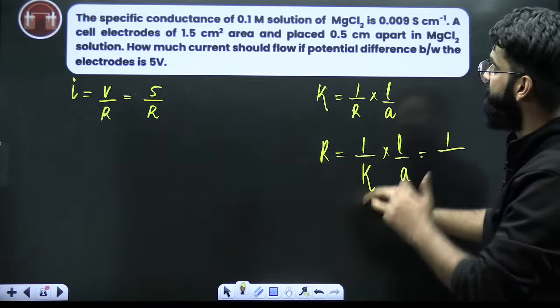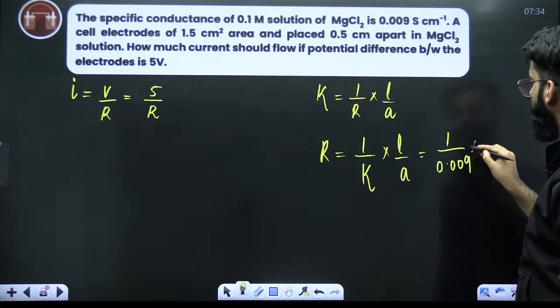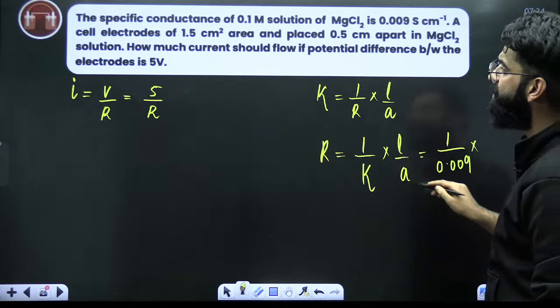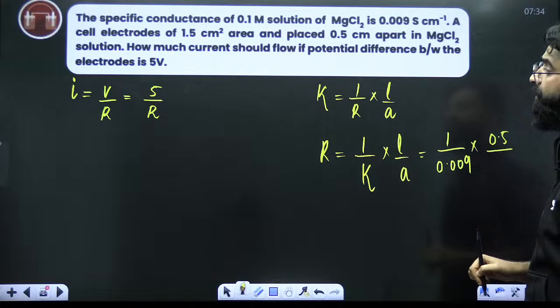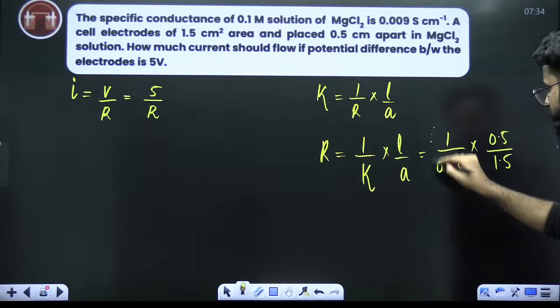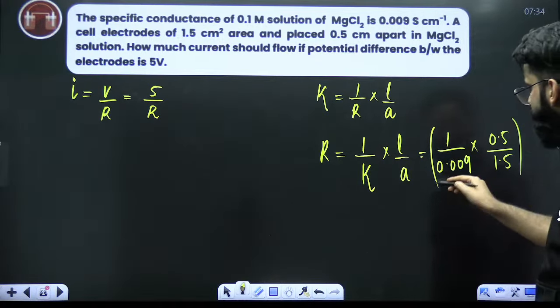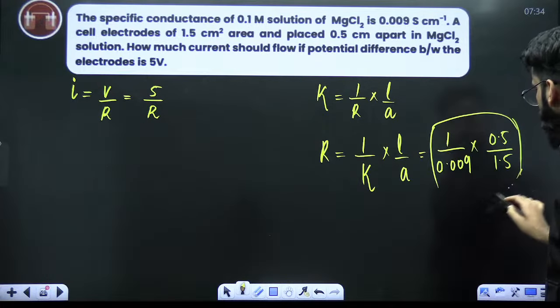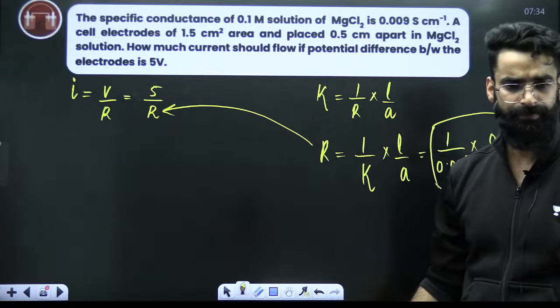This is specific conductance. How much is it? It is 0.009 multiplied by distance between electrodes. Distance between electrodes is 0.5 centimeter divided by area of cross section of the electrodes, that is 1.5 centimeter square. So from here, you can easily calculate your resistance. Once you get the resistance value, put the value of resistance in this particular equation, you'll get the current.